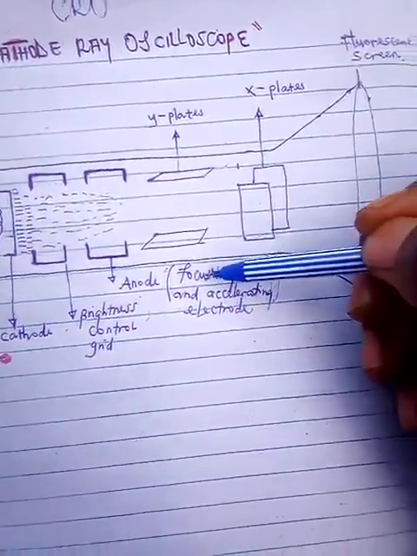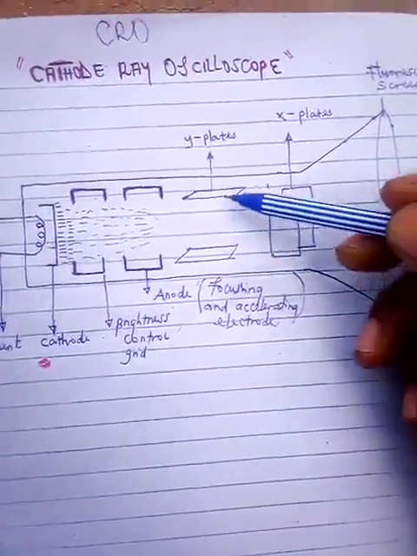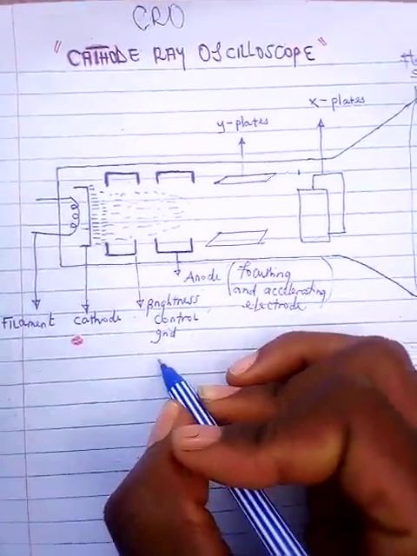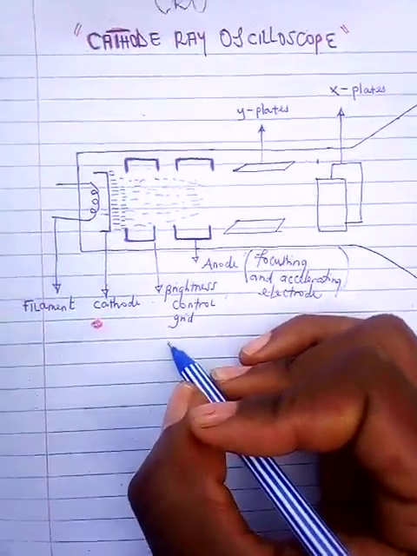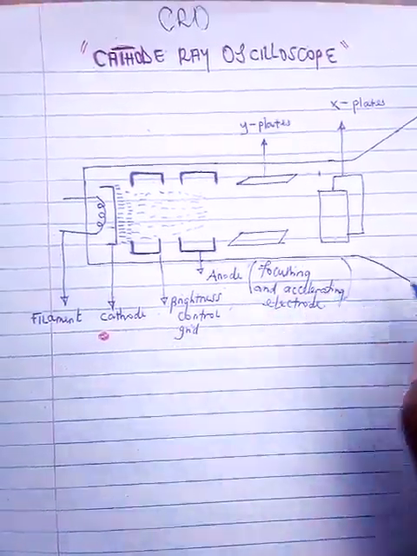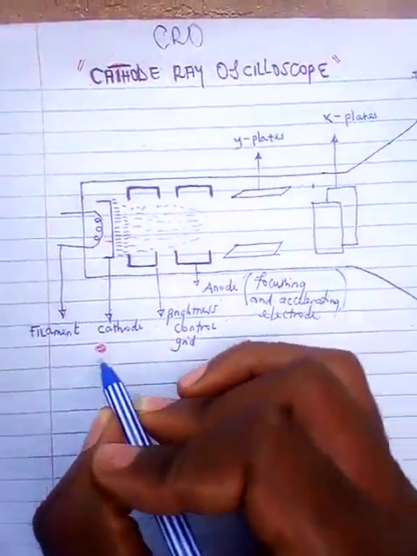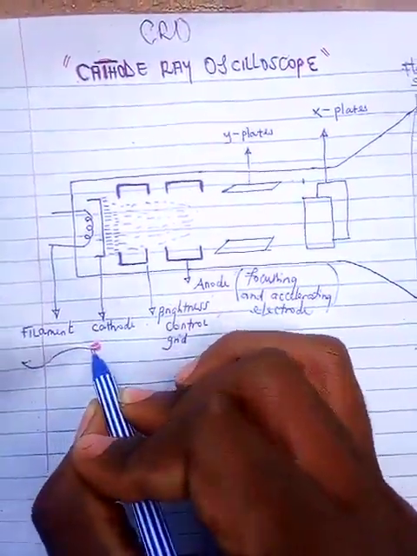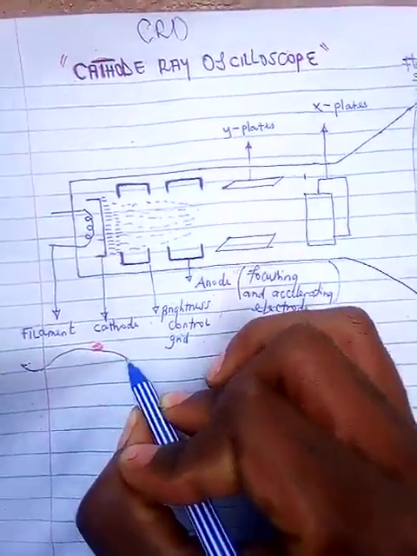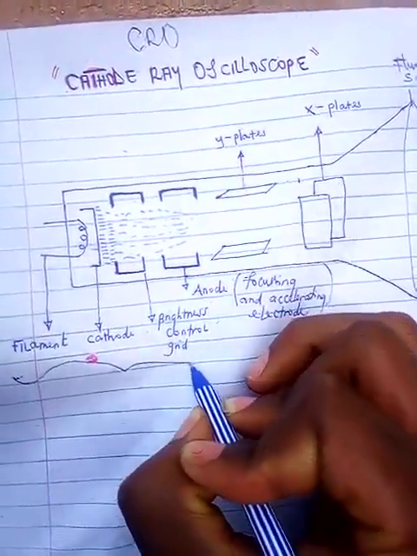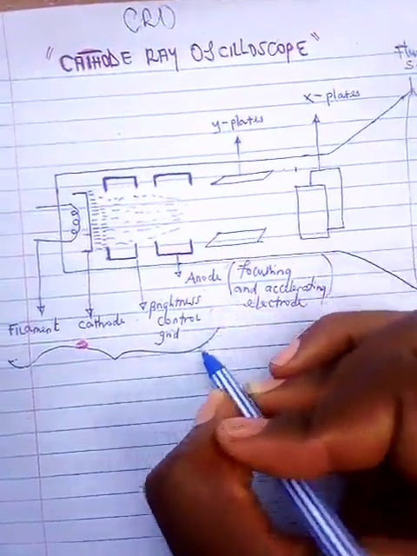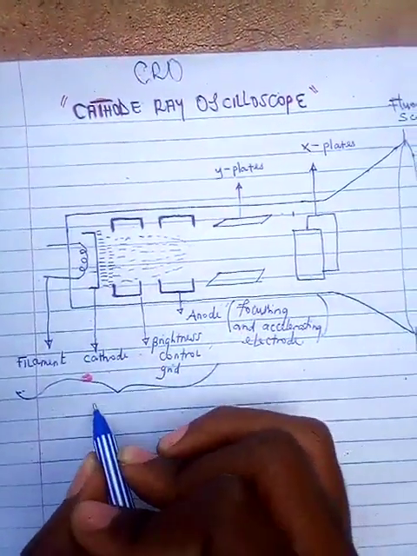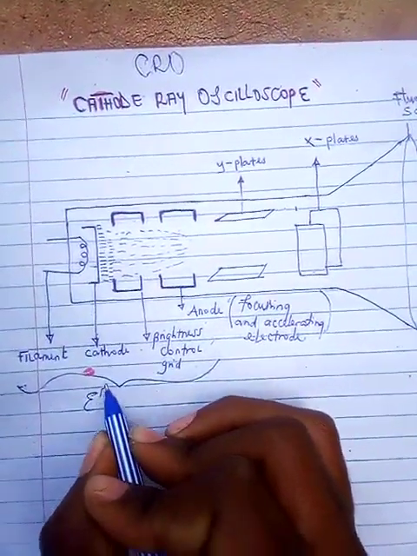Now before I proceed to the Y plates and the X plates, one thing that you need to know is that this part of the cathode ray oscilloscope that I've just been explaining, which includes the filament, the cathode, the brightness control grid, and the anodes, this first part is what you might call the electron gun.